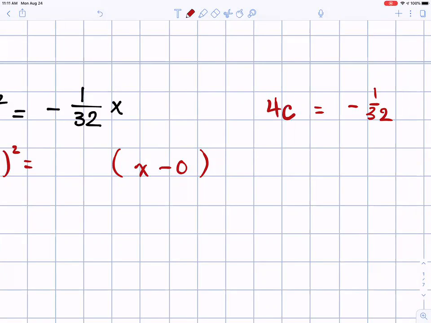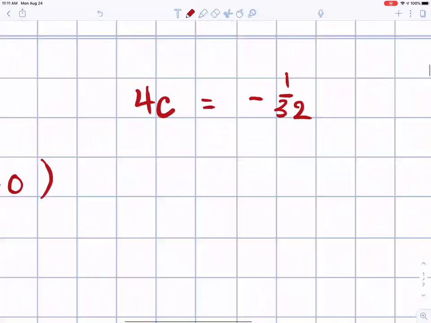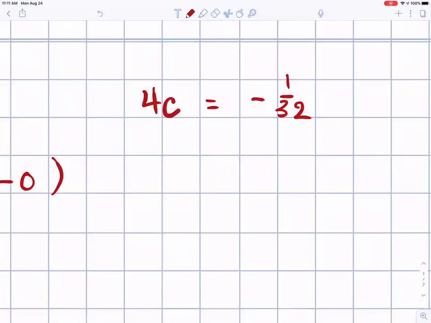Solve, right? I want to get C by itself. So if I want to get C by itself, what's the best way to do that? You could say divide by 4, and you would be correct. But because I'm working with fractions, what's the better option? Dividing by 4 is correct, but what's the better option?